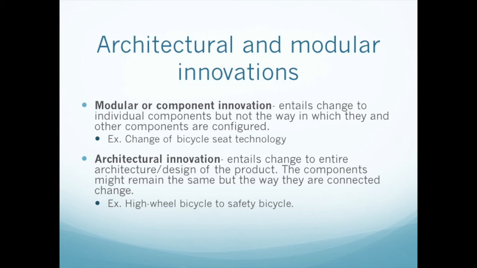But then there was new technology that enabled the bicycle to have a fine chain, as you might know that now bicycles have a chain, and that enabled two equally sized wheels instead of this one big wheel. So this new technology changed many components of the bicycle and the way in which riders propel themselves. So that was an architectural innovation.